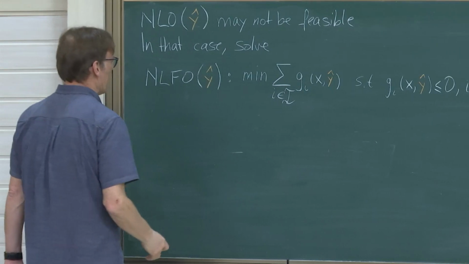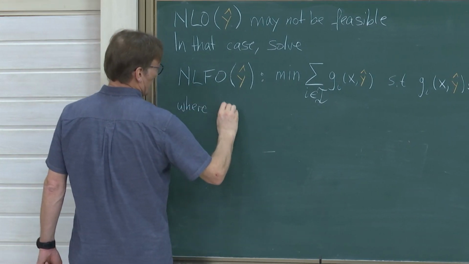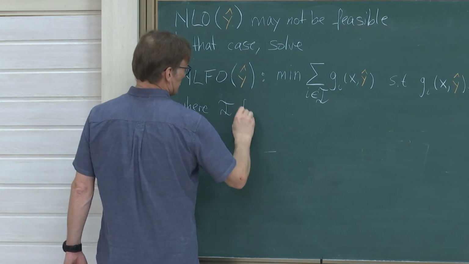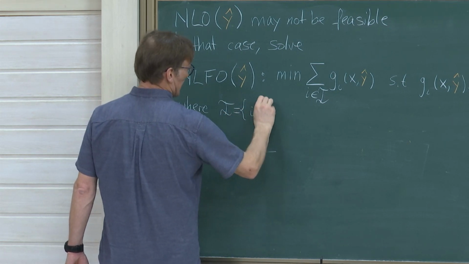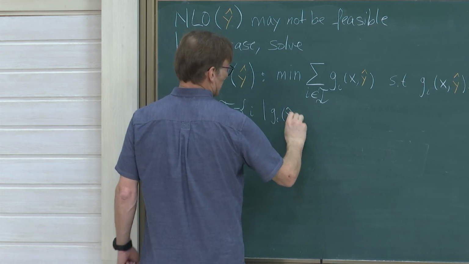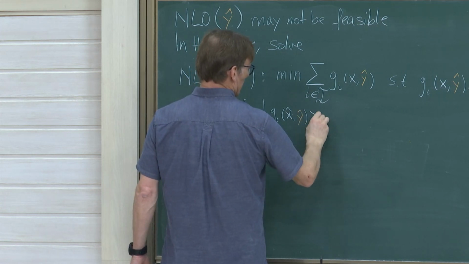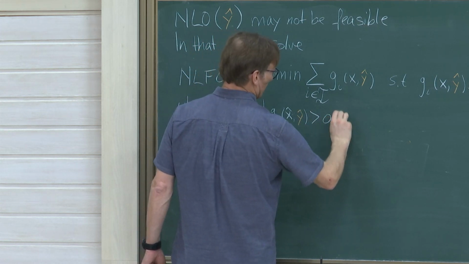And these sets are defined as follows: I is the set of all indices i such that gi of x hat and y hat is positive, or infeasible.